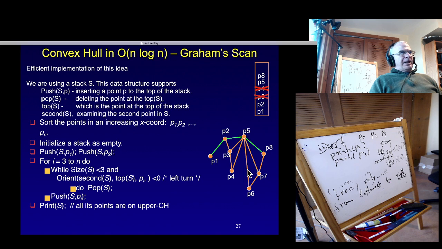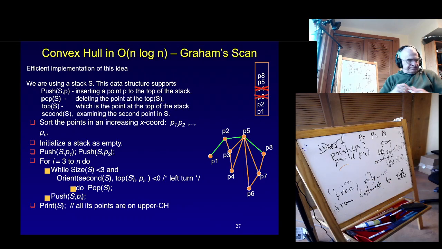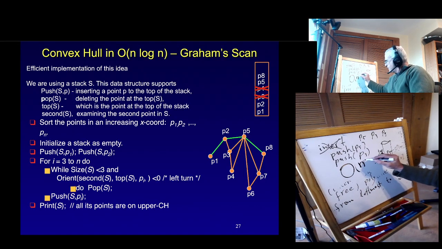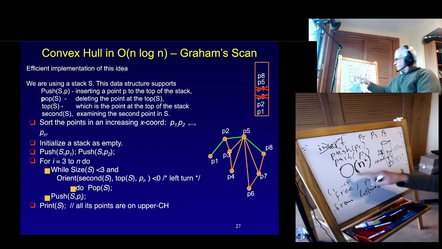A naive argument will say that I'm adding n vertices, and for each one, the inner while loop might cost n time. That's why the overall running time is order of n squared.